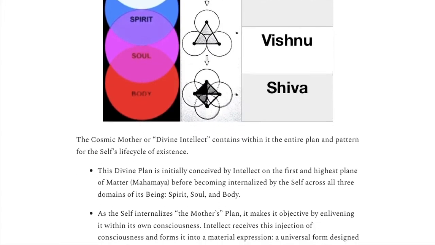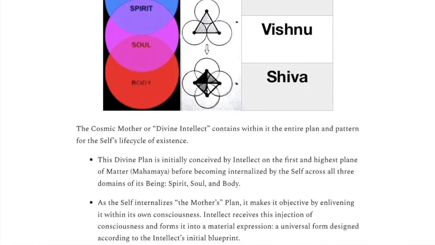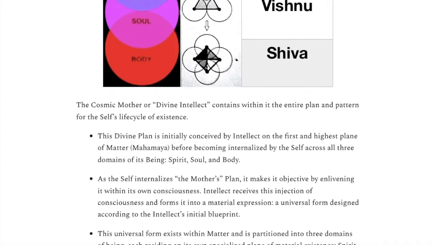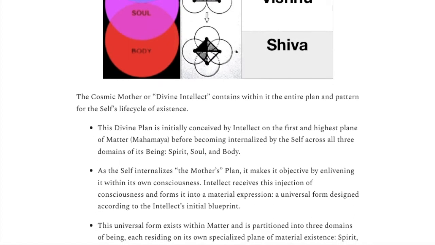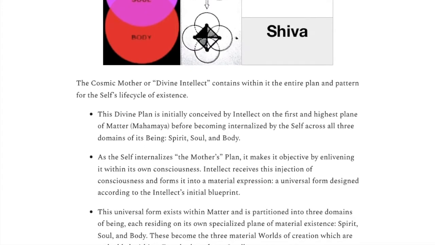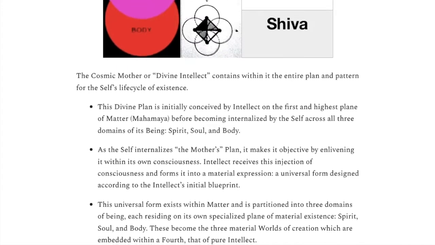This divine plan is initially conceived by intellect on the first and highest plane of matter, which is again Mahamaya, before becoming internalized by the self across all three domains of its being: spirit, soul, and body. And so spirit, soul, and body interface with Maya, and then beyond Maya is Mahamaya, which is the mother of the self.